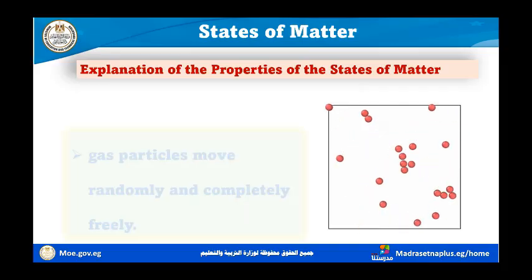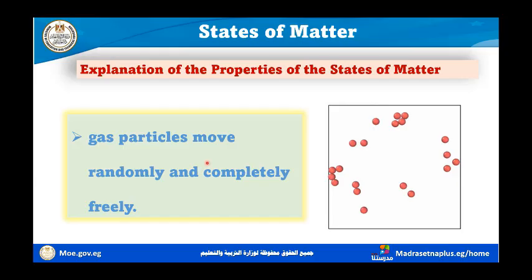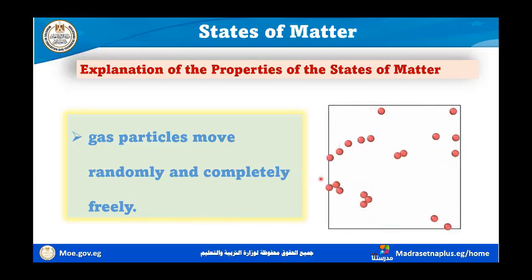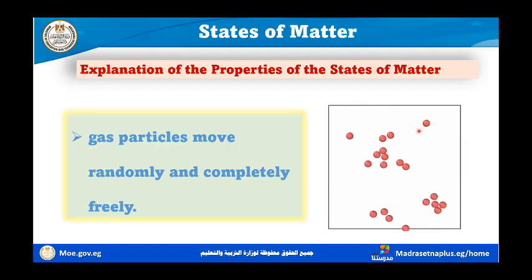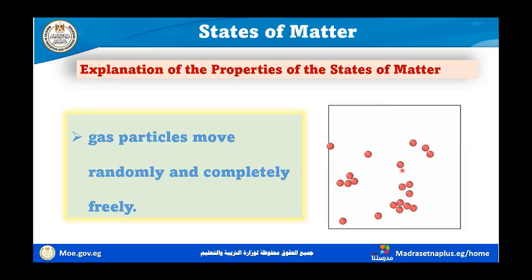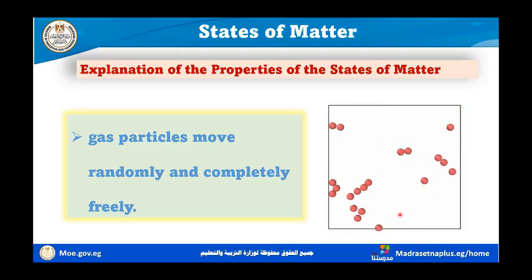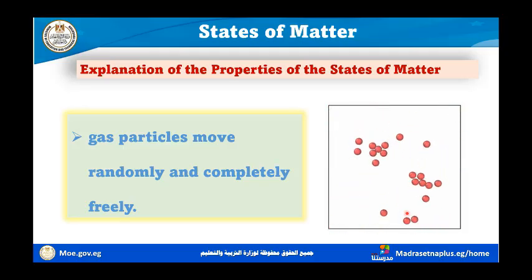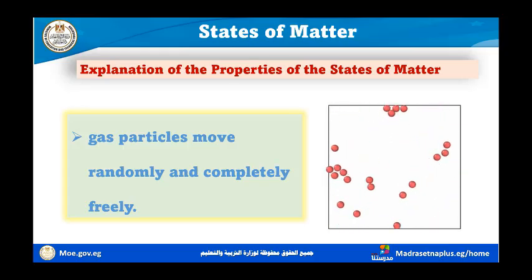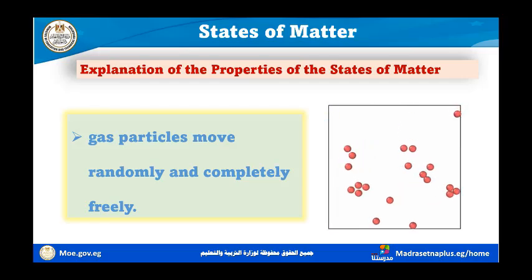As you can see, the gas particles move randomly and completely free. The gaseous particles move in all directions, completely free. The attraction force is very, very weak, and the space between the particles is very large.